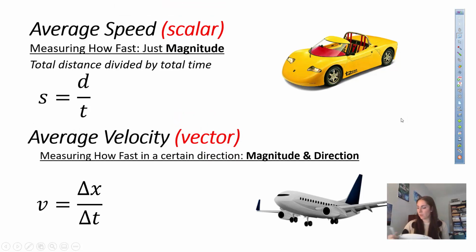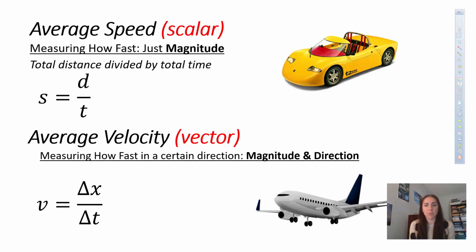All right, so we have two different things that we can measure. We can measure this thing called average speed and average velocity. Again, scalar means that there's no direction involved. It's just a measurement. So when you look in your car, your car measures your speed. In other words, when I look at the speedometer over time, it doesn't tell me where I'm going, but it tells me how fast, right?